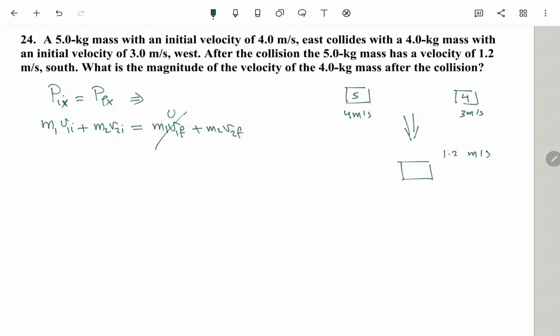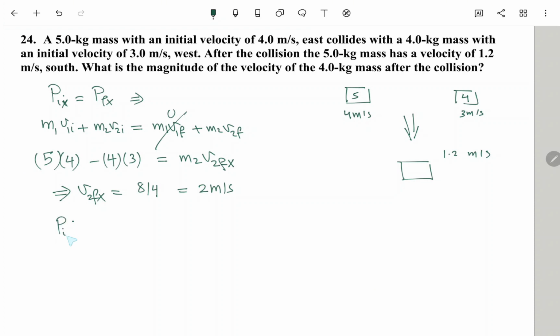Now this one is equal to 0. 5 times 4 minus 4 times 3 equals m2 v2 final x. In other words, v2 final x equals 8/4 or 2 meters per second.